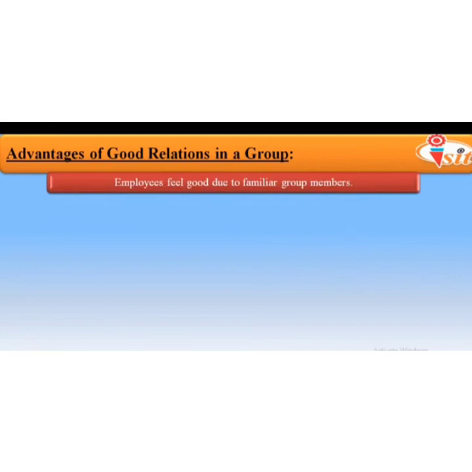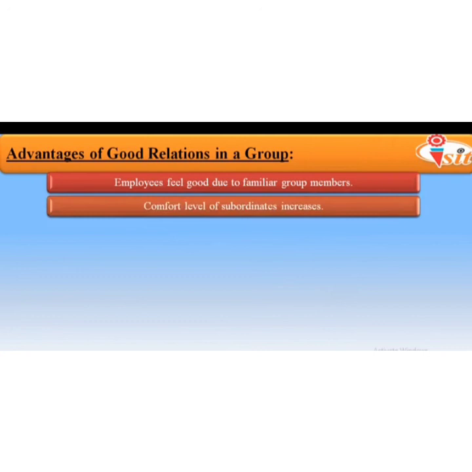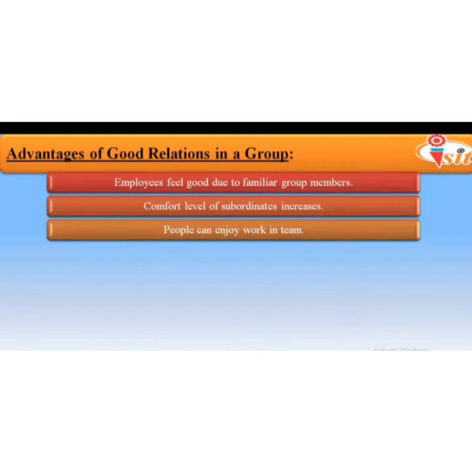We will also see what are the advantages of good relations in a group. So the first advantage is employees feel good due to familiar group members. Then the next advantage is comfort level of subordinates increases. Then again, people can enjoy their work in a team. Then coordination becomes easier.